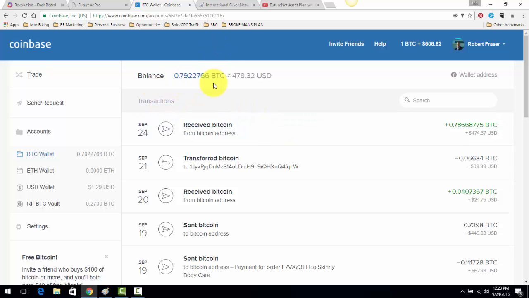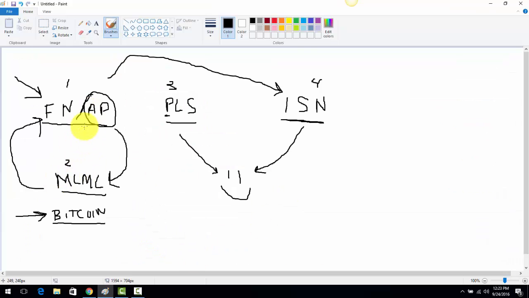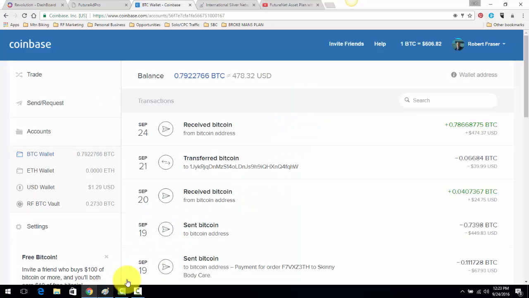A portion of that will go into savings, and as I laid out in the video, this money goes to traffic, a tiny bit goes into Bitcoin, and a tiny bit goes over here into International Silver Network to buy me some silver.